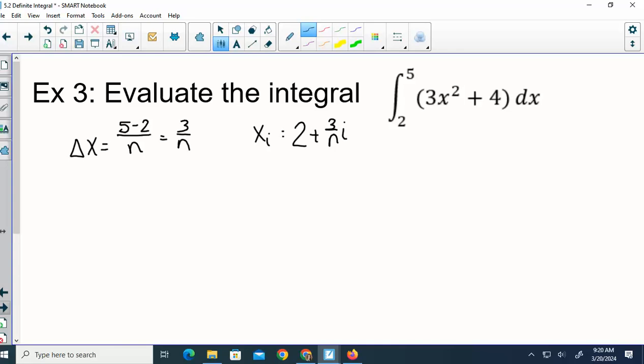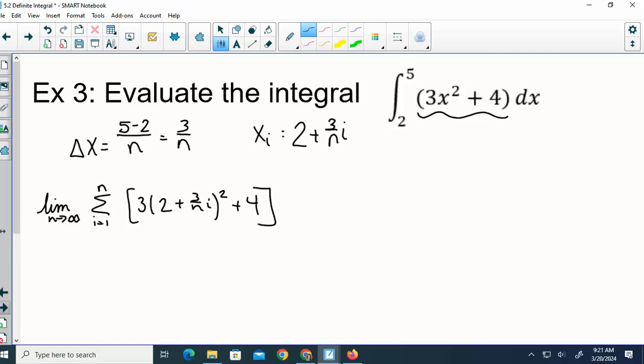All right, so if I want to rewrite this, the integral means the limit of the sum. f of x sub i means you go to your expression and we replace the x's with our x sub i, which is 2 plus 3 over n i, squared plus 4.